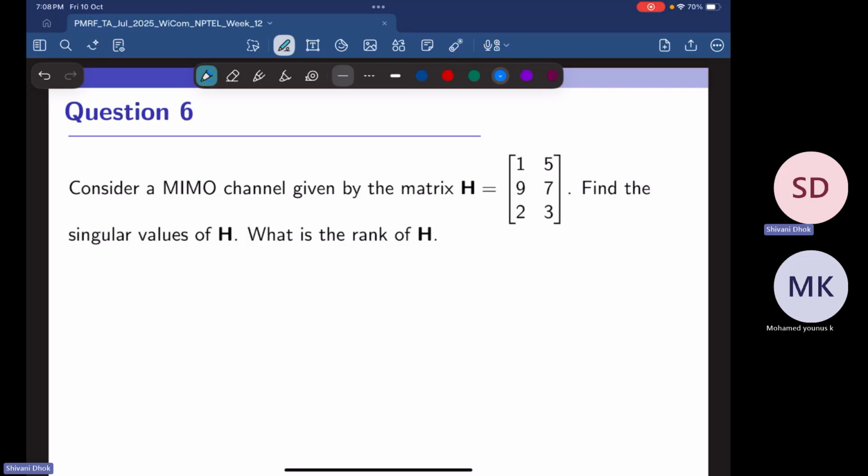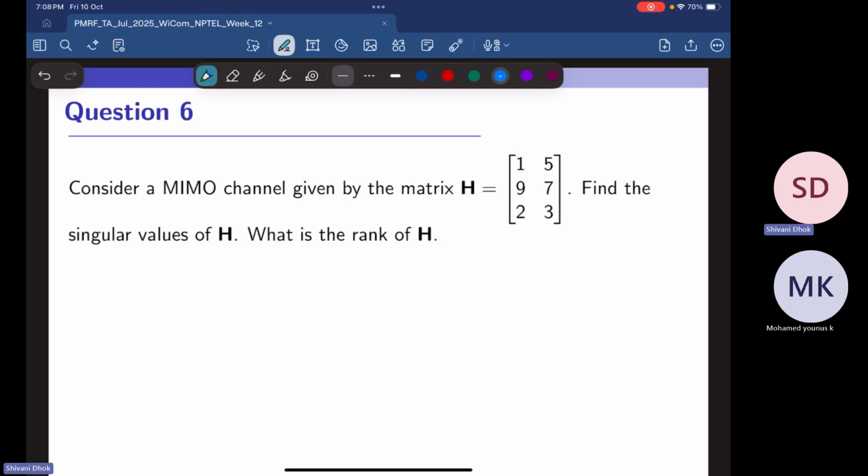And then we'll try to allocate powers to these different eigenmodes. Okay. So let us start with the first question of this series. From question number 6 till question number 10, we'll be doing all this business.